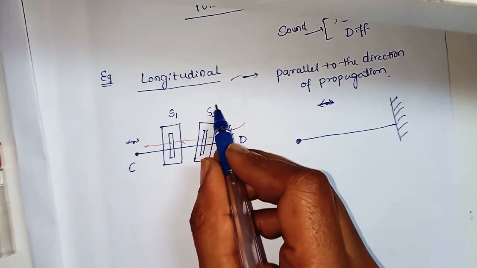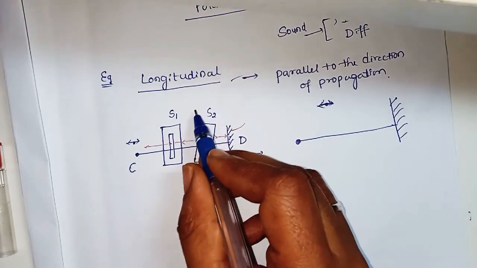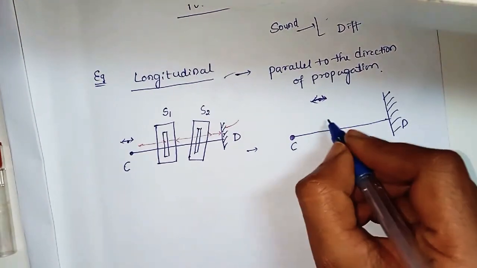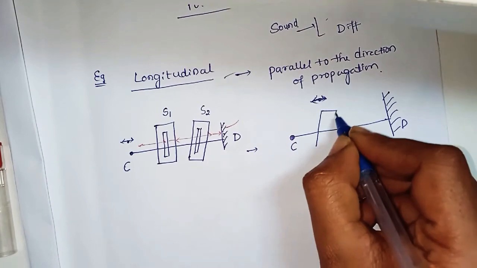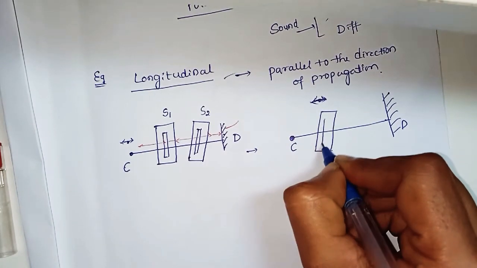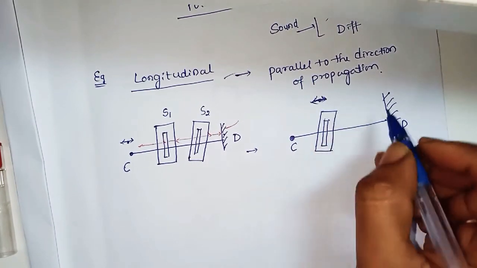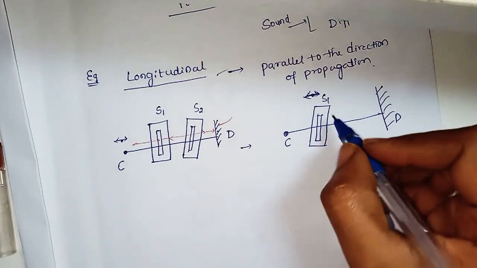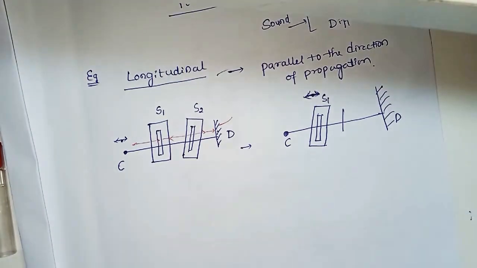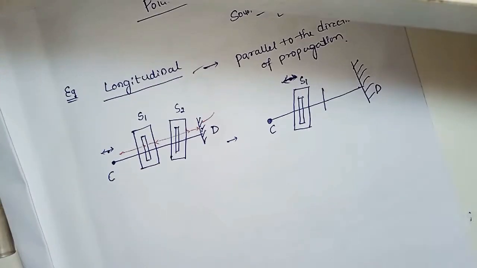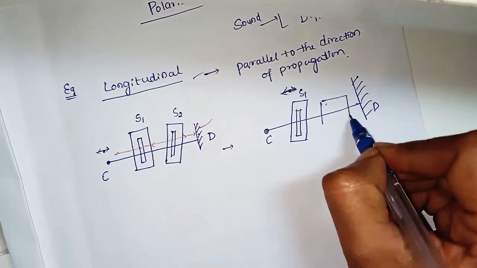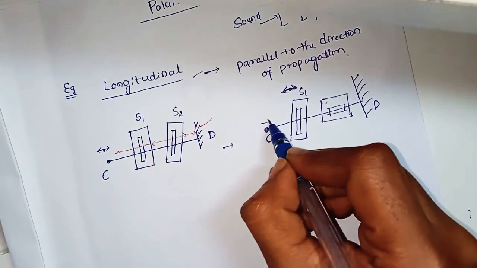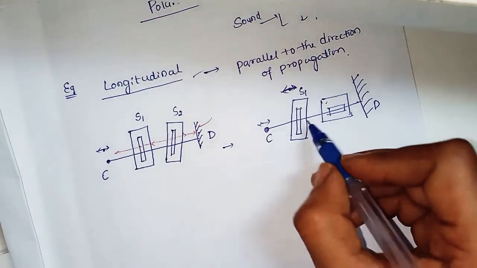If I change the position of slit S2, what happens? Let's see. I keep the same slit S1 here and I am not going to change it. Let's tilt this slit S2. Again I am going to produce a longitudinal wave.